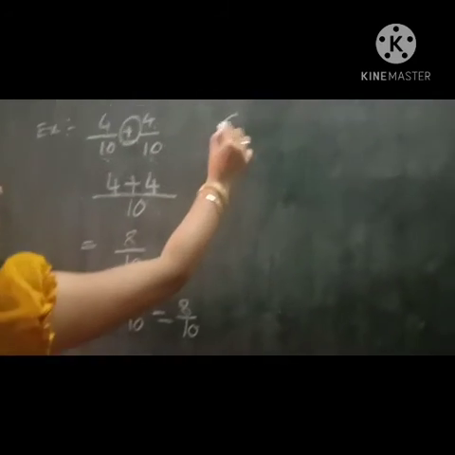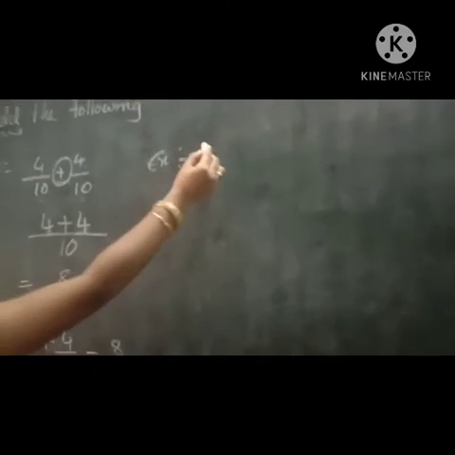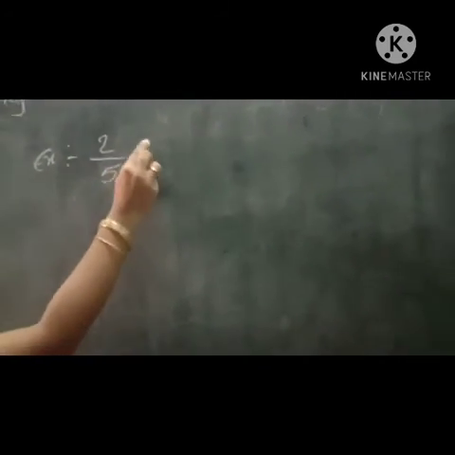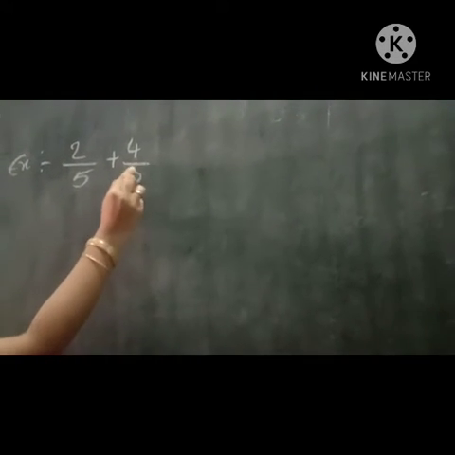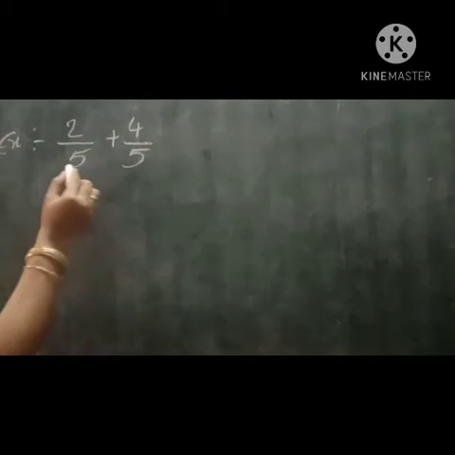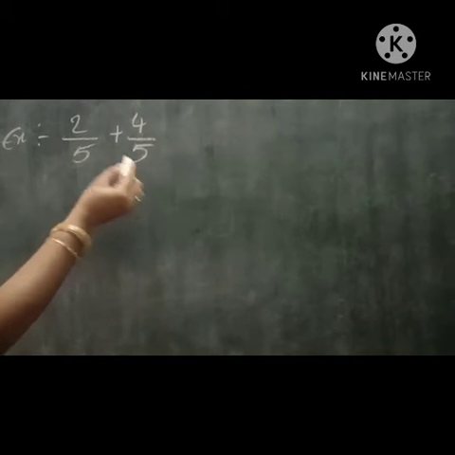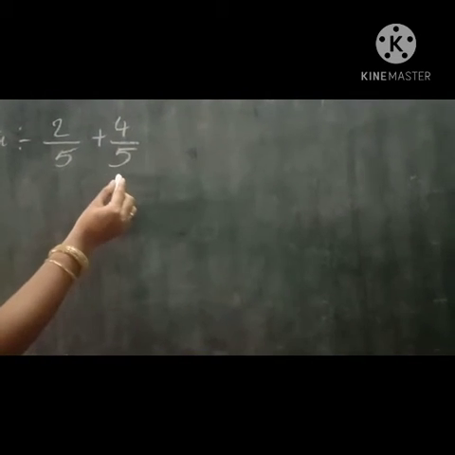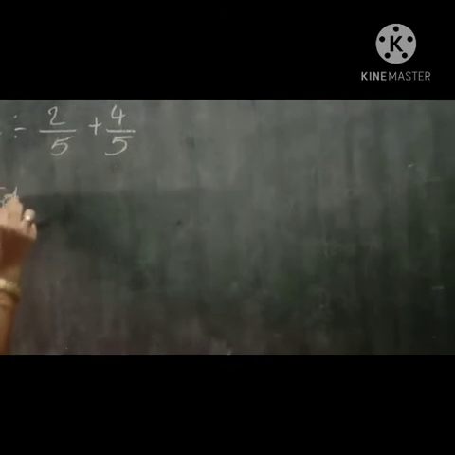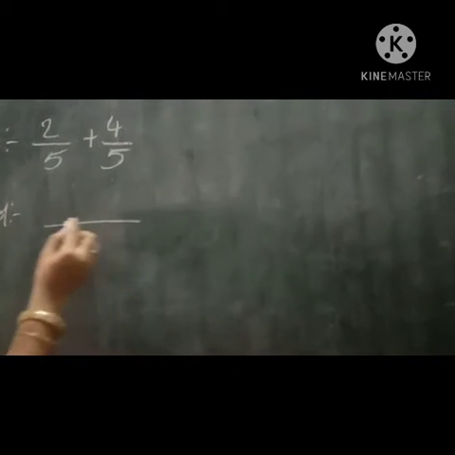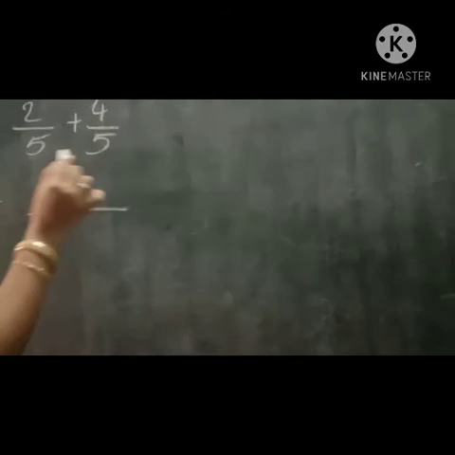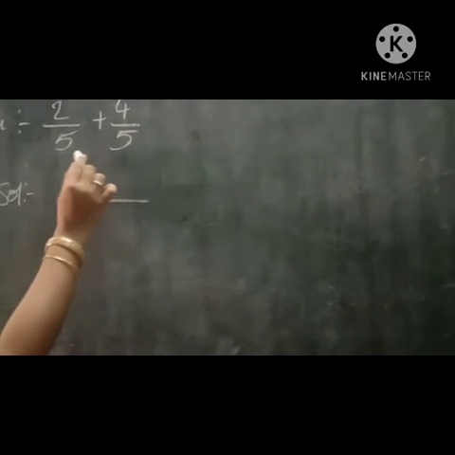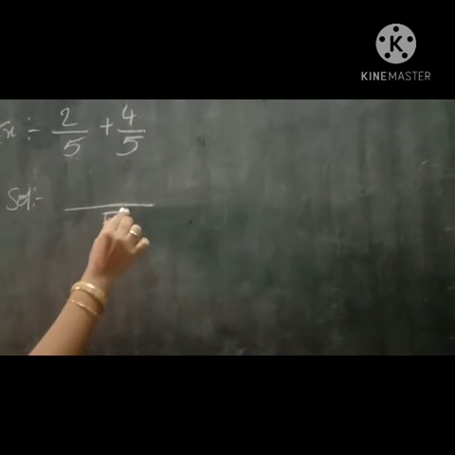Okay. Now see one more example, children. Here what are the denominator numbers? 5, 5. 2 by 5 plus 4 by 5. Now what we have to do? Solution time. At first we have to draw the fraction line and denominator which we have to write only one number now is 5.